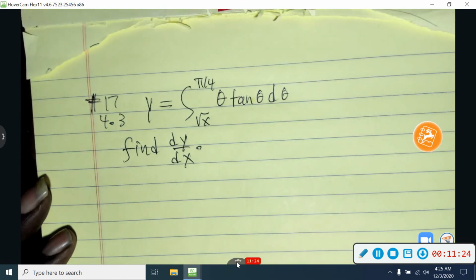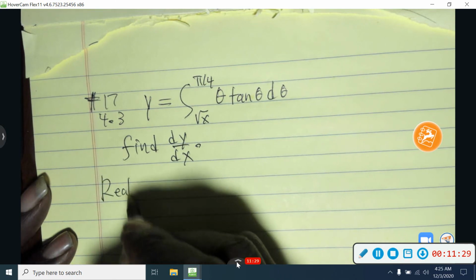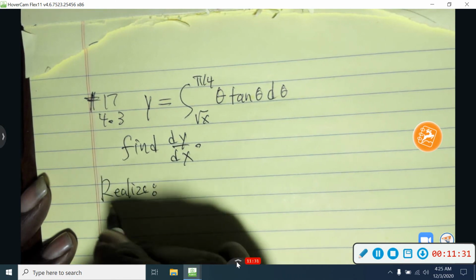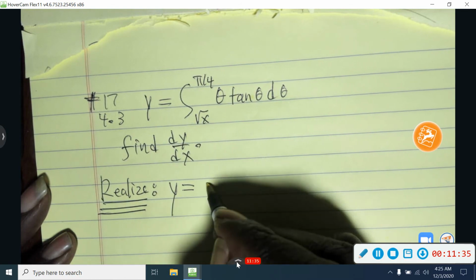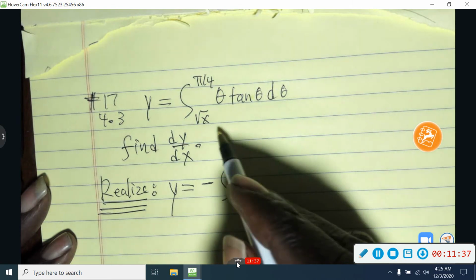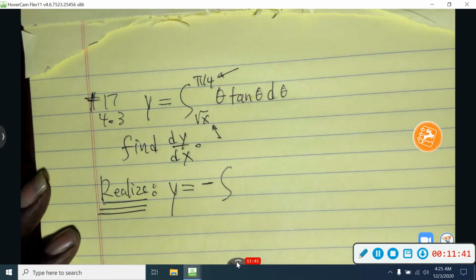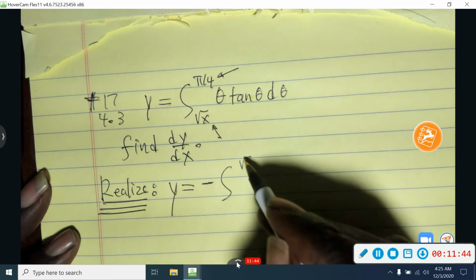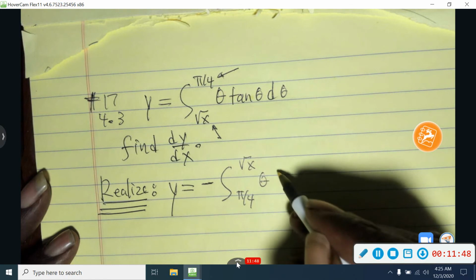Well, the first thing is we realize from what I just said that y is equal to minus, and now I'm going to switch the order of these limits. So I'm going to put the square root of x on top, and now the pi over 4 on the bottom.